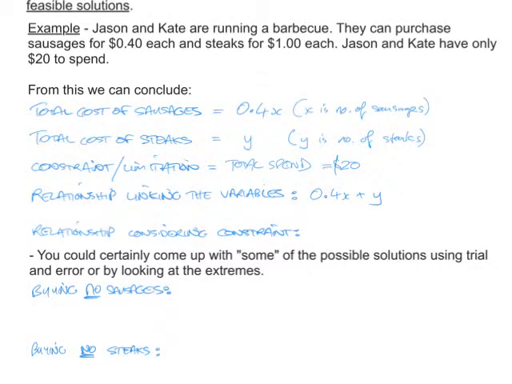And then after that, now that we know what expression represents the total cost of everything, we can relate it back to the constraint by saying that the total cost of everything, 0.4x plus y, must be $20. So we have a little equation here that links our variables with the constraint defined in the question.